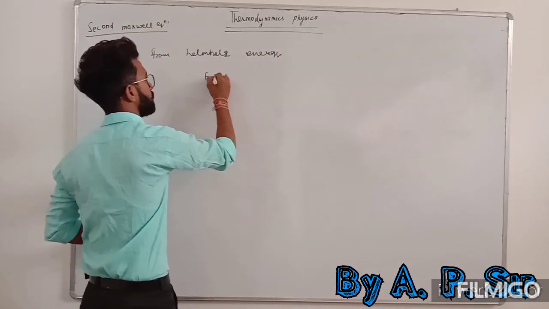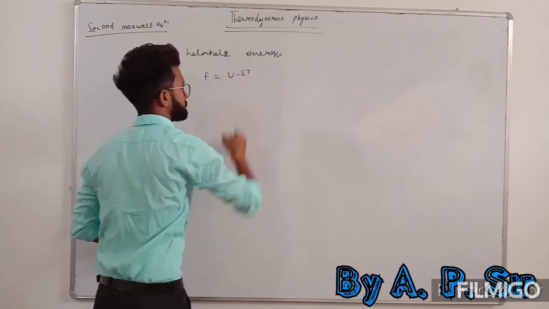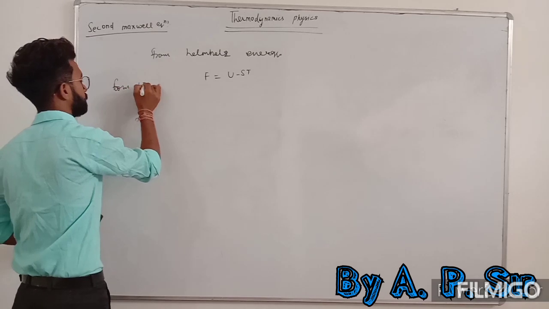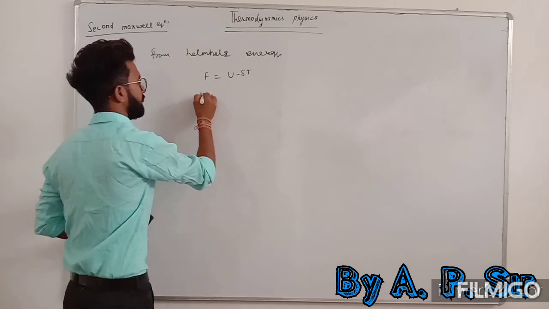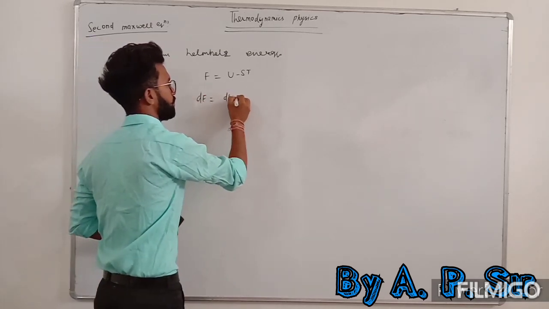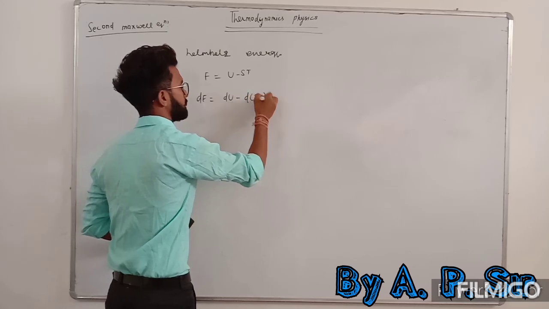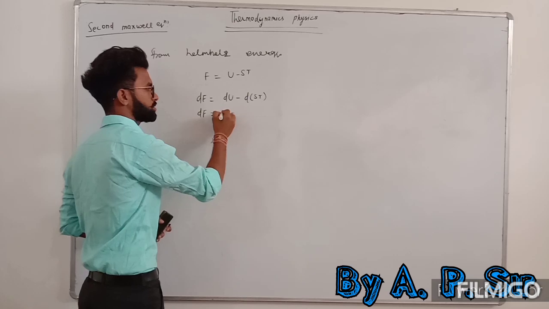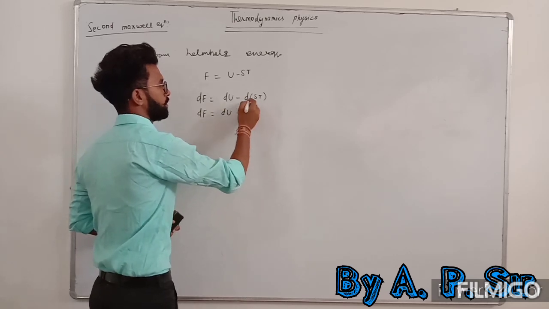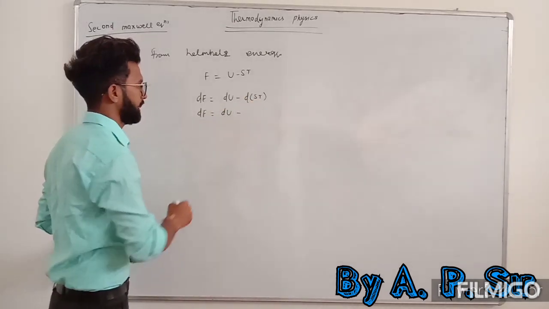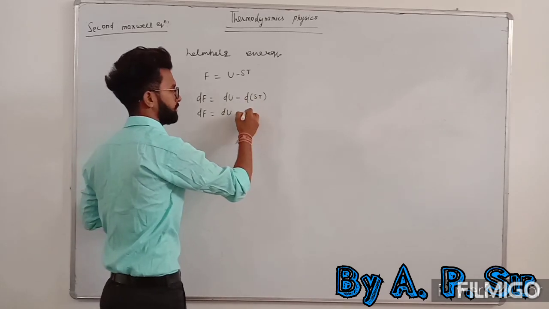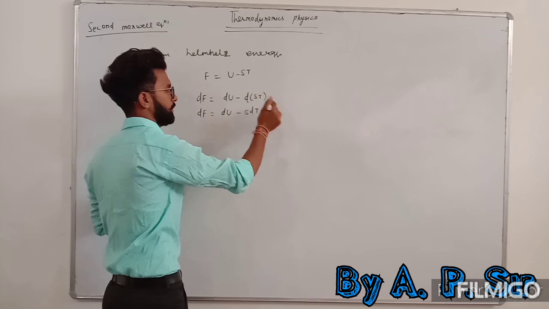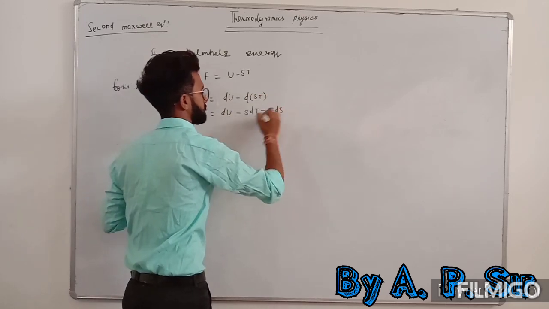F equals U minus TS. In differential form, dF equals dU minus T dS minus S dT, differentiating the first term and the second term.